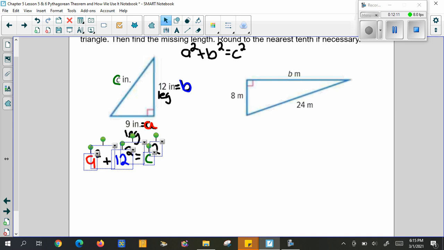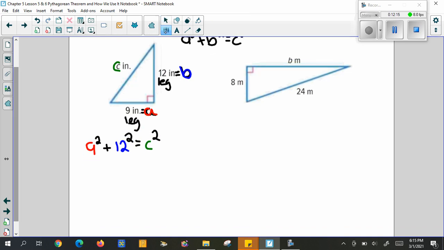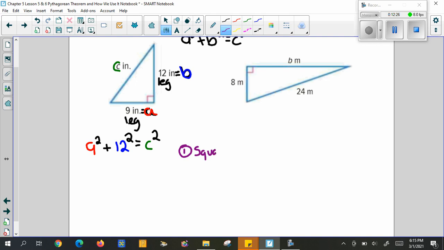evaluate and get the C by itself. And here's where we'll begin. First, we need to evaluate the squares.